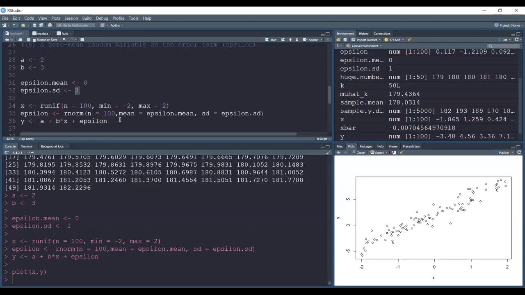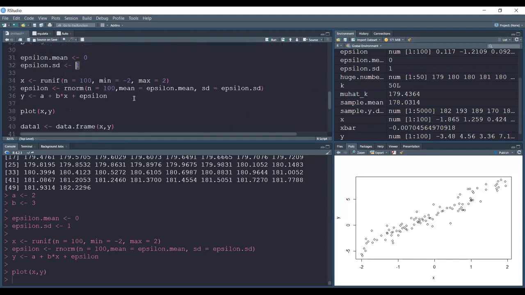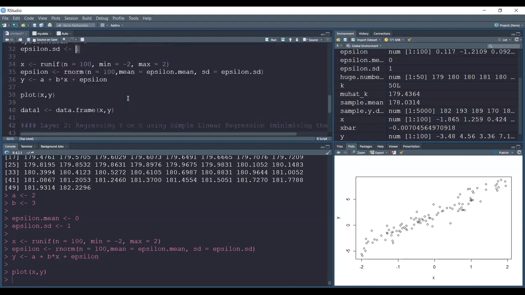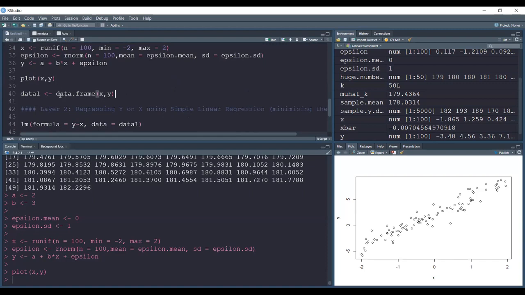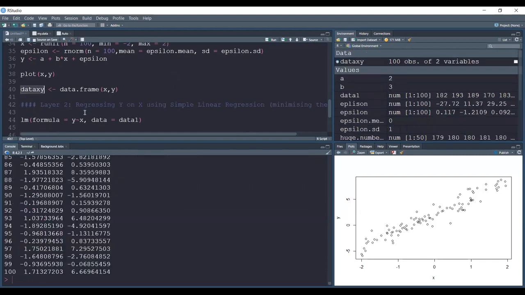And we could try doing that right now. Where's our data? Let's call it data xy. So this is our data.